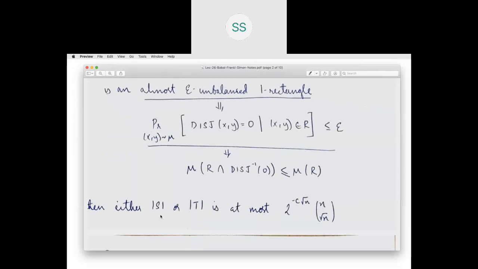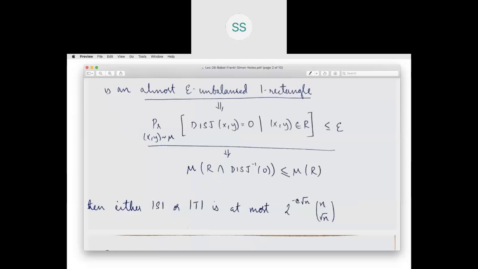So what is being said here is that any epsilon unbalanced one rectangle has either at most 2 power minus c square root n times the total number of rows, or 2 power minus c square root n times the total number of columns.